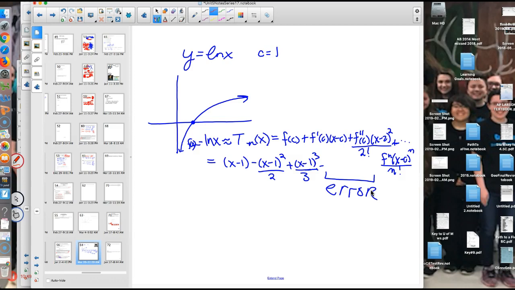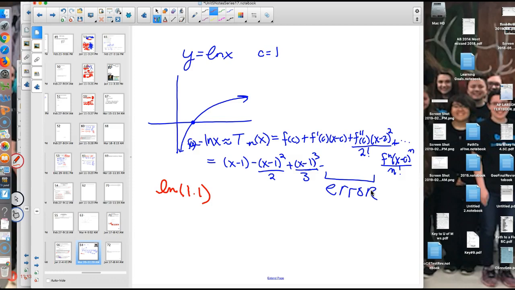When it's not alternating, we have a day on how you do it then, and it's called Lagrange error bound, and it's similar but different. So that error right there is, if I were going to use my function to evaluate and I stay close to the center, say I go to 1.1, you'll notice I'll get a 0.1 squared and then a 0.1 cubed, and that's going to get smaller and smaller.